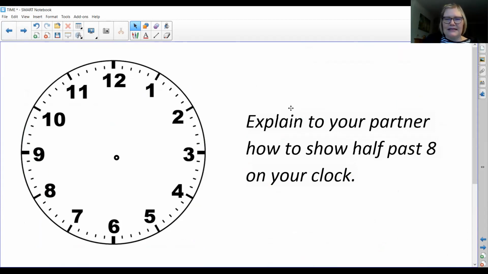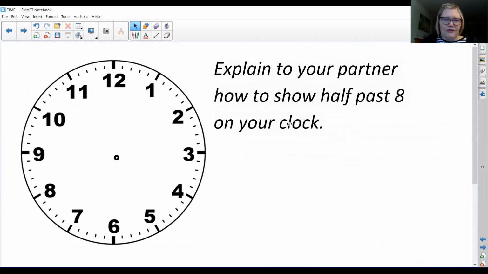You can start with 8:30, it says that there, but 3:30, 2:30, and make sure that you move both hands. You can't just move the minute hand. You've got to also make sure that the hour hand is halfway between the two numbers. Okay, right, pause video. Good luck with that one.